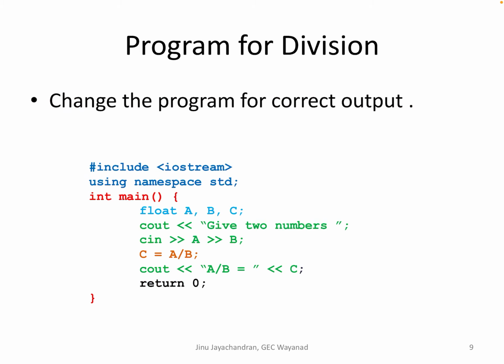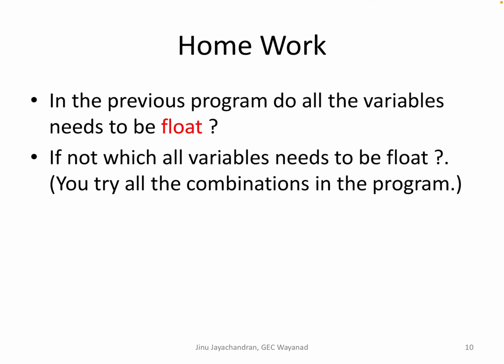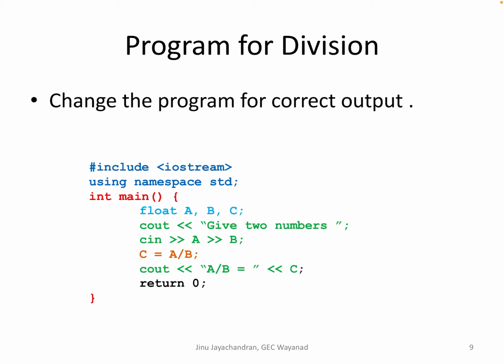Now, you are given one program here. Now you see that A, B and C are float. Fine. Now I need to get my output value in terms of decimal places.